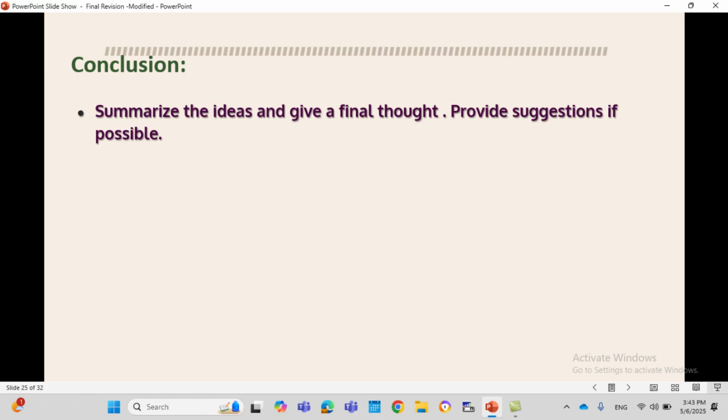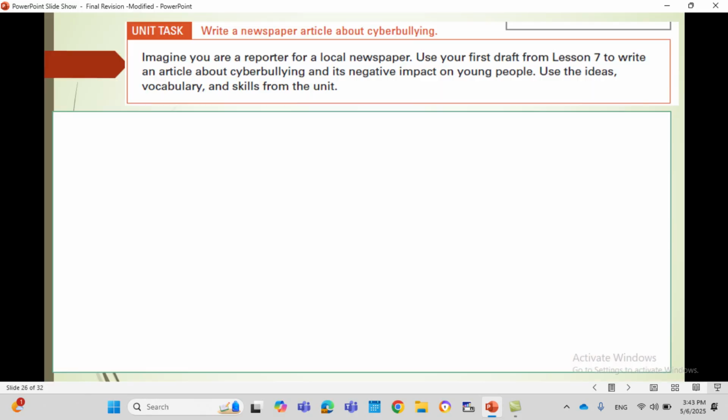If you know how to work out this problem, or how to try to alleviate, or in any way to stop this bad phenomenon, you can give your suggestions here. Okay, now we have this unit task in lesson 9.